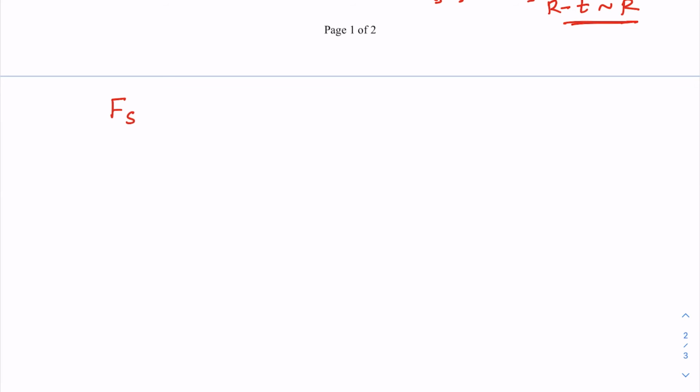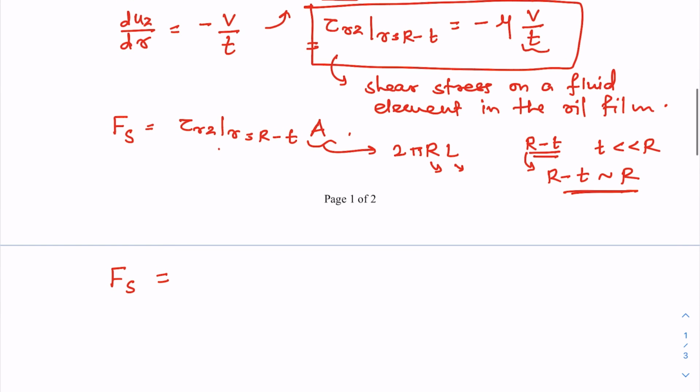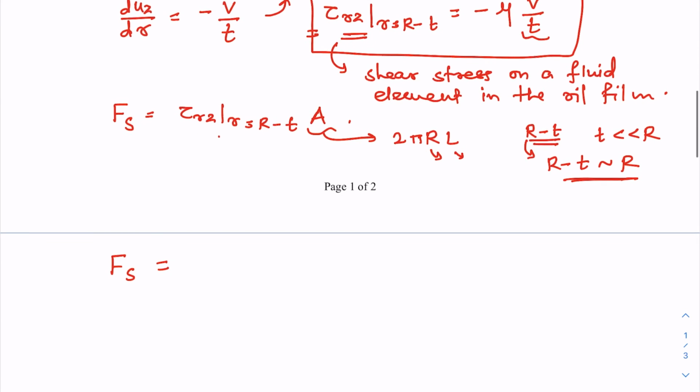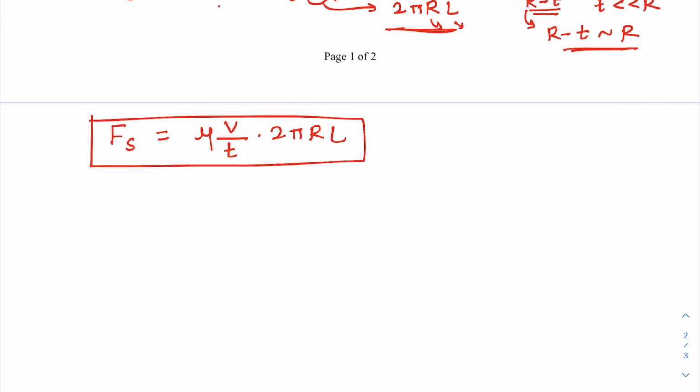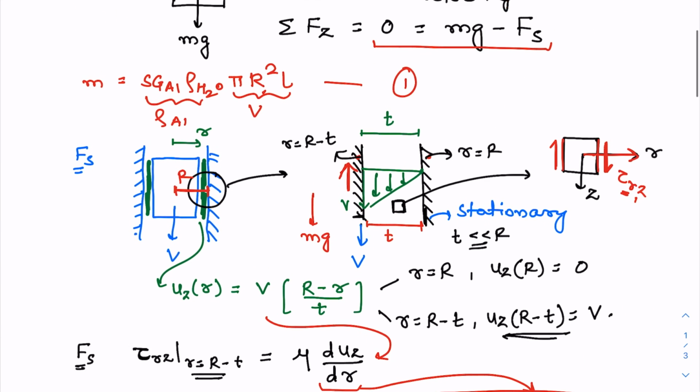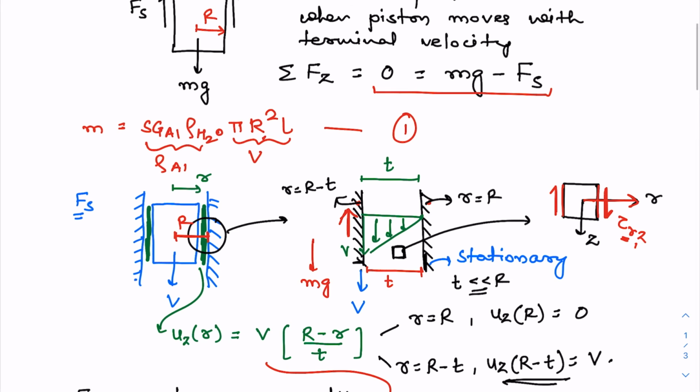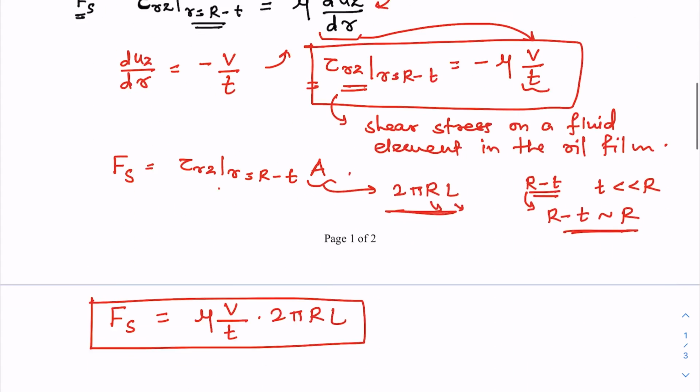So the magnitude of Fs is basically the magnitude of this shear stress multiplied by this area. So Fs, that is the shear viscous force acting on the piston, is mu times V divided by t multiplied by 2 pi r L. Now from our force balance, we know that weight minus the shear force is equal to 0.